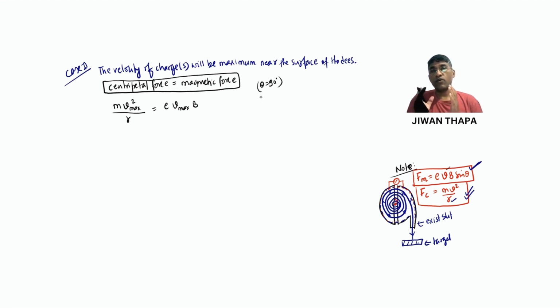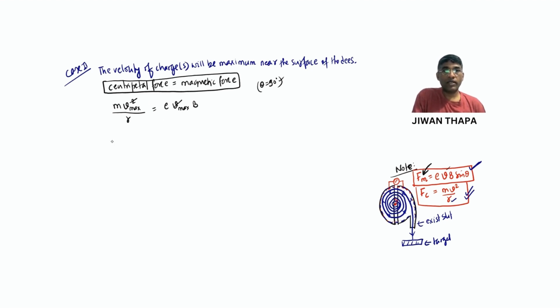So for the magnetic force to be maximum, we take sin θ maximum. That is, when the angle between velocity and magnetic field is 90 degrees, the magnetic force is maximum. So we are taking this condition. Now this cancels out.